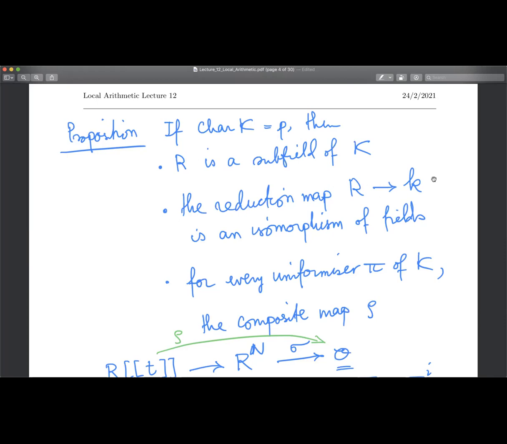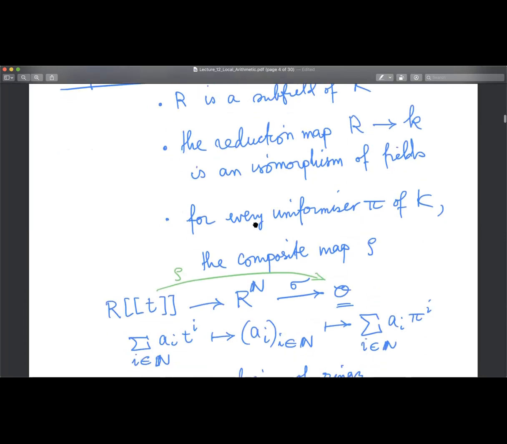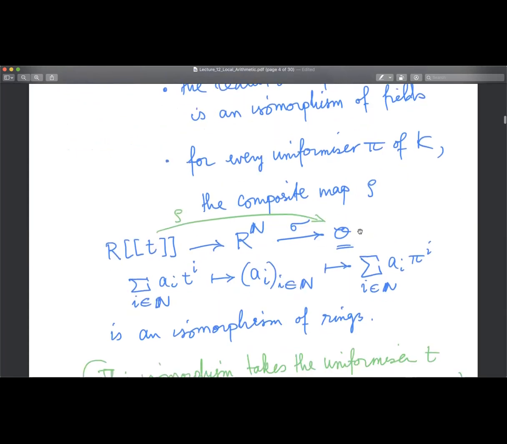And the reduction map, which was just a bijection, or in fact, just a morphism of multiplicative monoids in general, is actually an isomorphism of fields. Okay? And the third assertion is that for every uniformizer pi of K, I can define this composite map. Now that R is a field, I can define R[[T]], which is a ring.